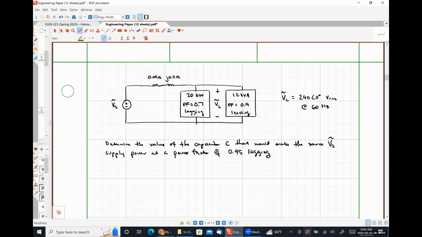And just to be clear here, we're going to apply our power factor correction capacitor in parallel with our voltage source. Okay.